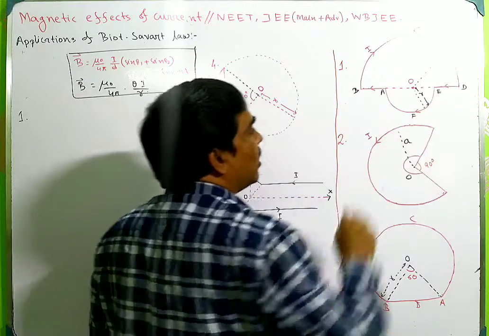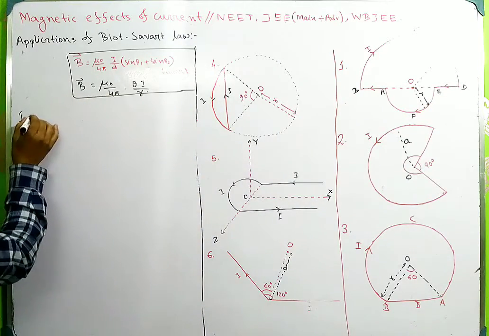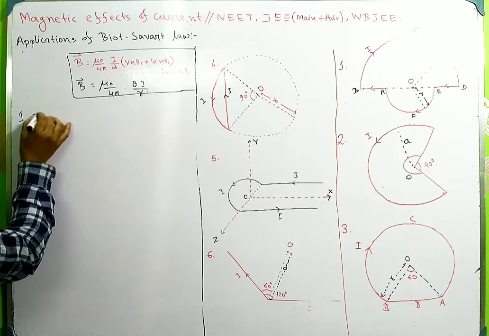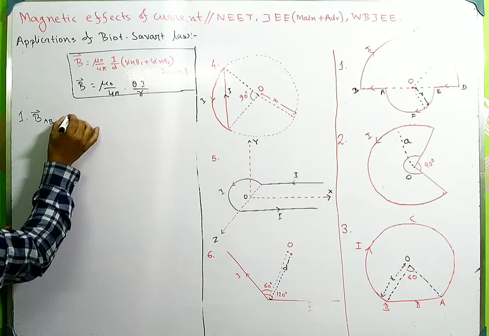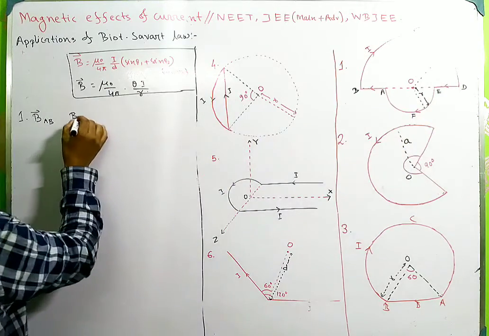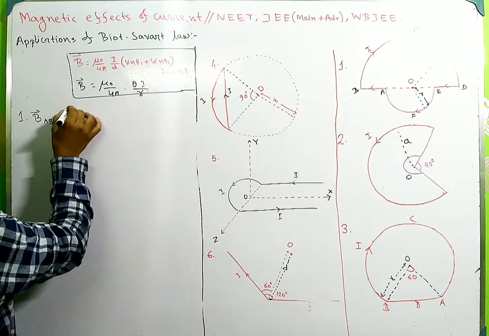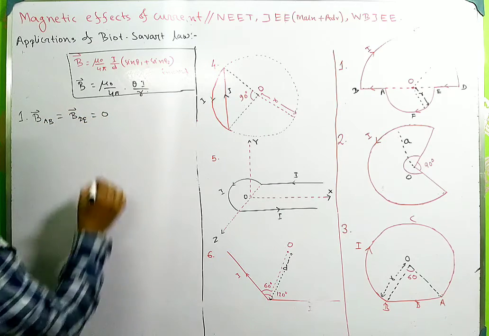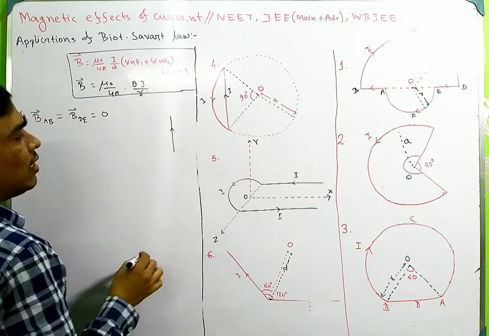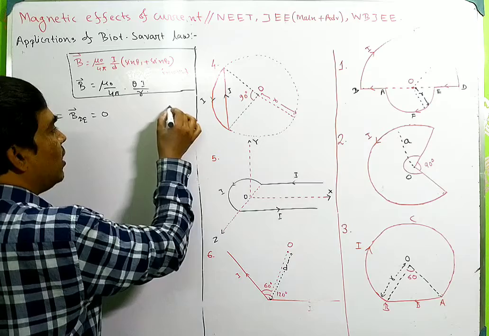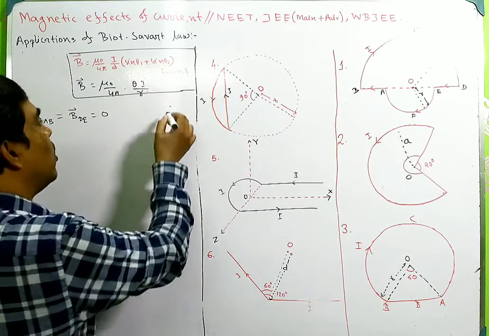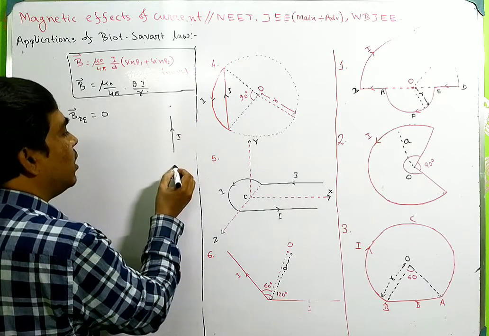The magnetic field due to the straight portions, that means for the portion AB and for the portion DE, must be equal to 0, since the point lies along the same line as the current carrying wire, in both cases, upward or downward.